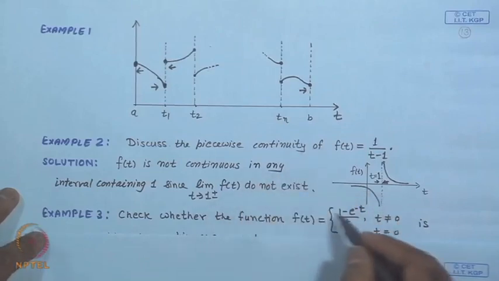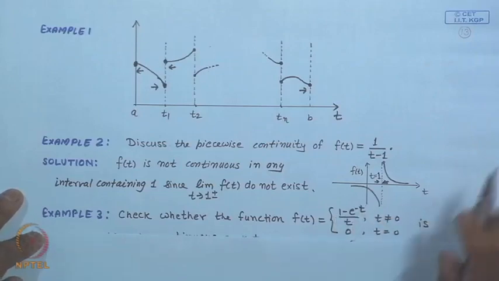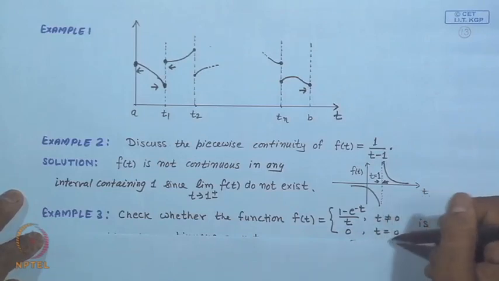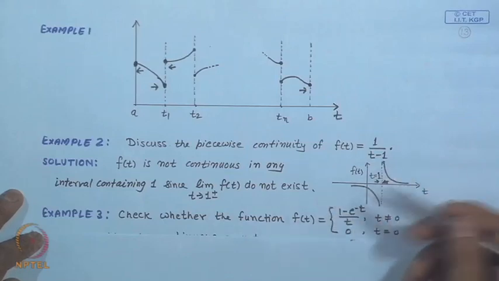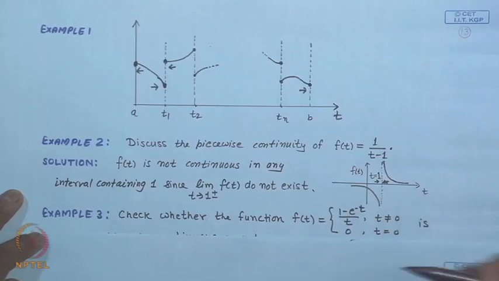So now let's come back to this example. Where t is not equal to 0, it's (1 minus e to the minus t) over t, and when t is equal to 0 it's 0. So we have the problem at t equal to 0 only, otherwise this function is a nice function, it's continuous, so there is no problem.